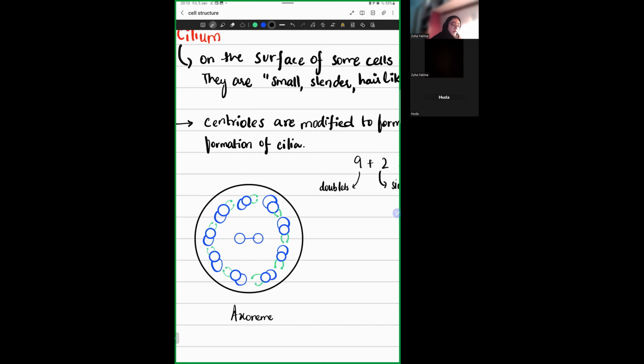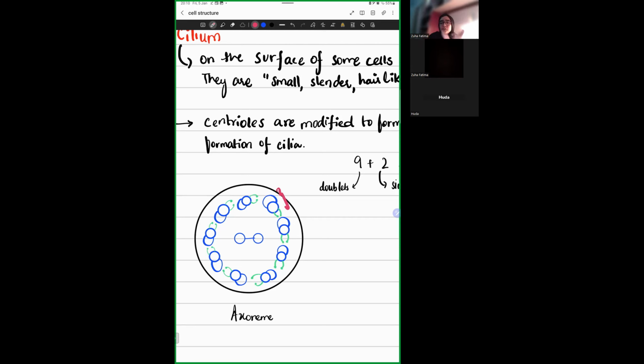Okay? Now, if you notice, there is one complete circle, right? And then there is more than a semicircle, but this circle is not complete. One is a complete circle, and the other is a half circle, right? So one thing we appreciate is that there is a doublet. Two circles come together and form a doublet.